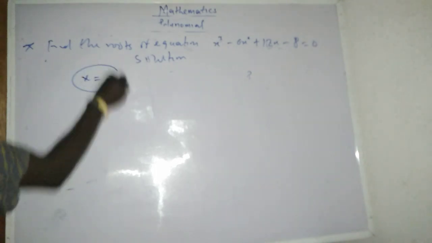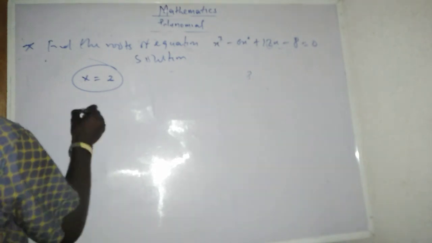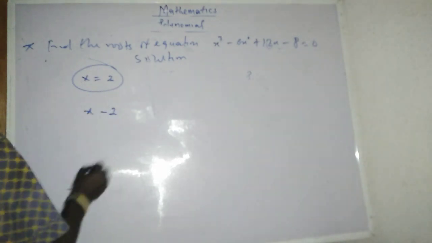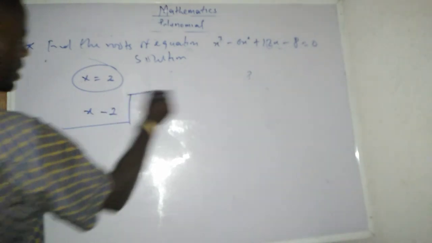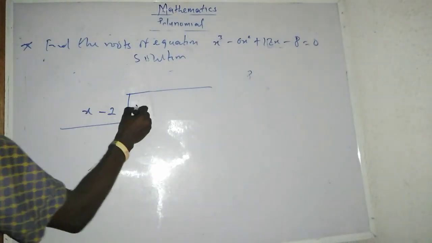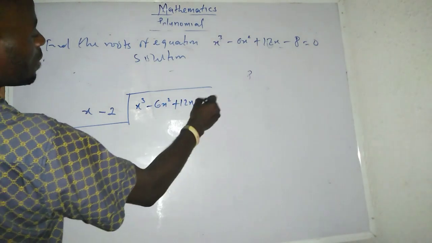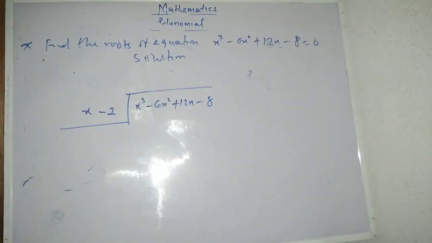It means this is one of the roots of that equation. I can now say that x minus 2 is a factor. At this point, I will generate my x cubed plus 6x squared plus 12x minus 8.